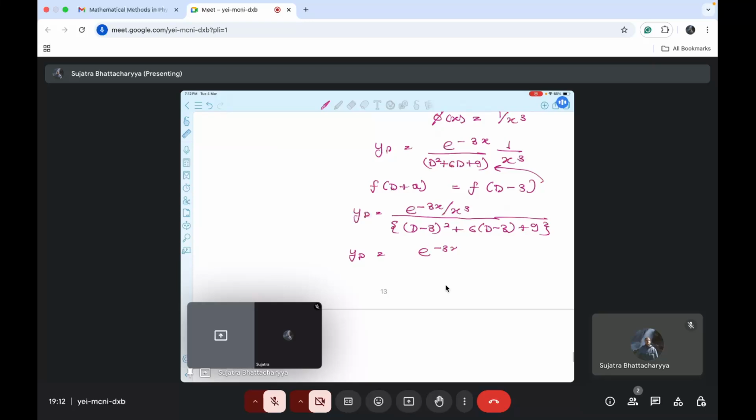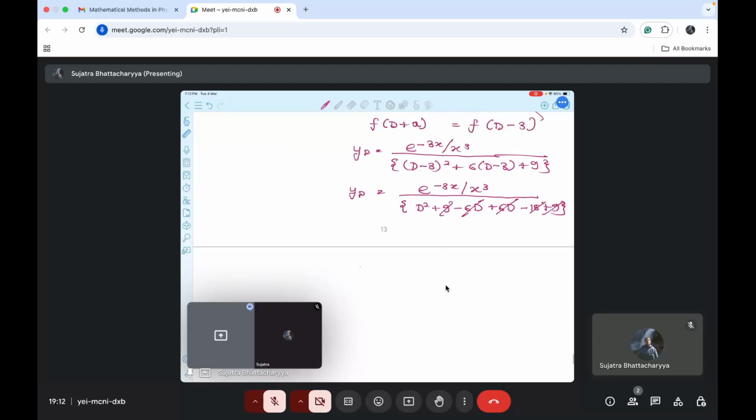And here what you will get: D square plus 9 minus 6D plus 6D minus 18 plus 9. So 6D will cancel, 9 and 9 with 18 will cancel. So you have only D square. So y_p is e to the power minus 3x, 1 upon D square acting on 1 by x cube.